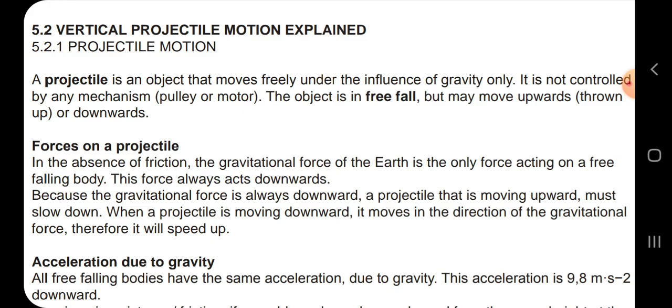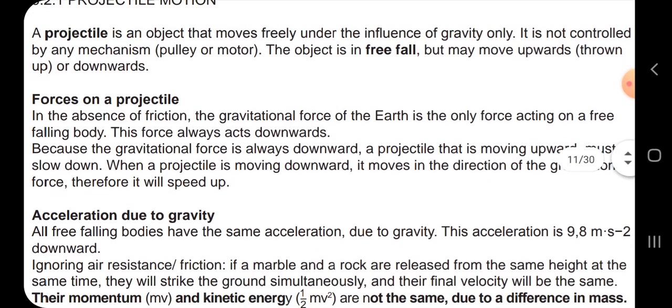When the projectile is moving downwards, gravity is pulling it down. So when you're high up and throw something down, it moves at a higher speed or velocity than when you're at the bottom throwing it up. Anything that moves in the same direction as the gravitational force will speed up, so its velocity will be higher.